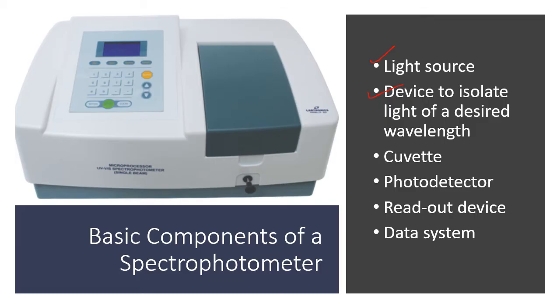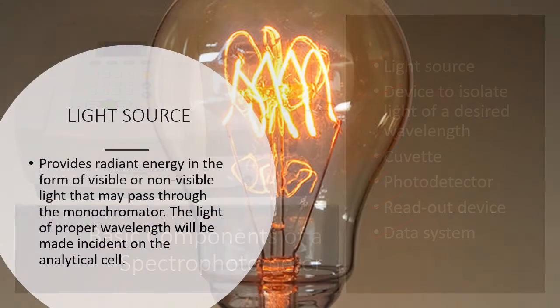And then we also have prisms, by the way, para ma-familiarize na rin kayo. You also have your cuvette, which is your sample container, your photodetector, which detects your readout, and your readout device, which communicates the information from the machine to the personnel, and then you have your data system. Okay, so isa-isahin natin siya.